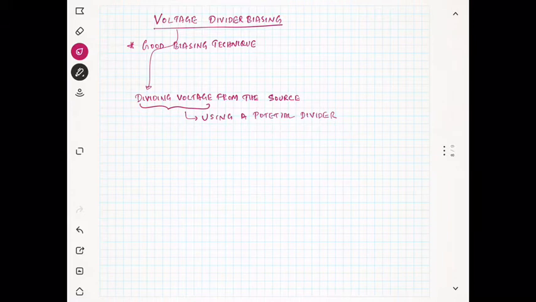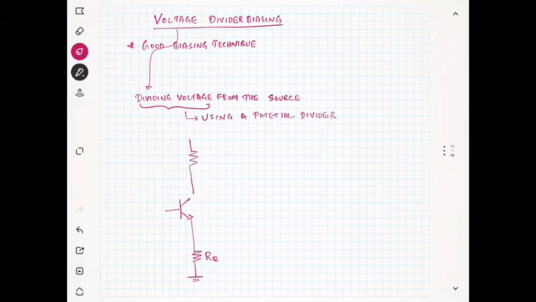Now we will see how the circuit diagram will look. So we have the transistor. We will be discussing an NPN transistor, and the emitter is connected to the ground by using an emitter resistance. The collector will be connected to VCC by using a resistance RC.